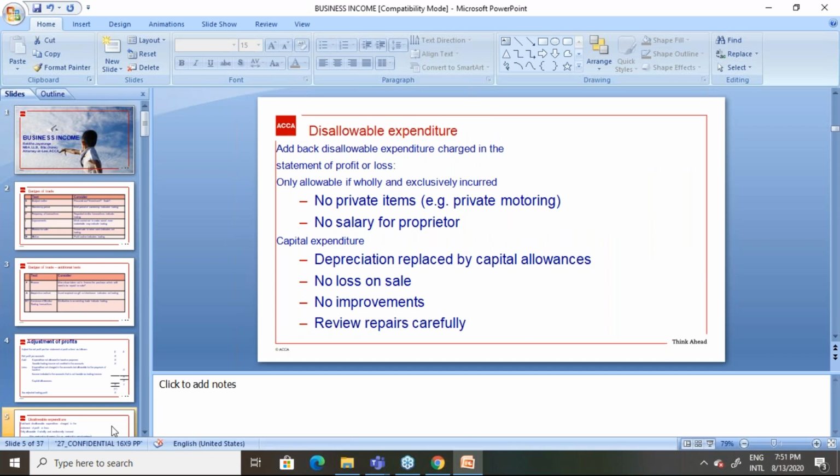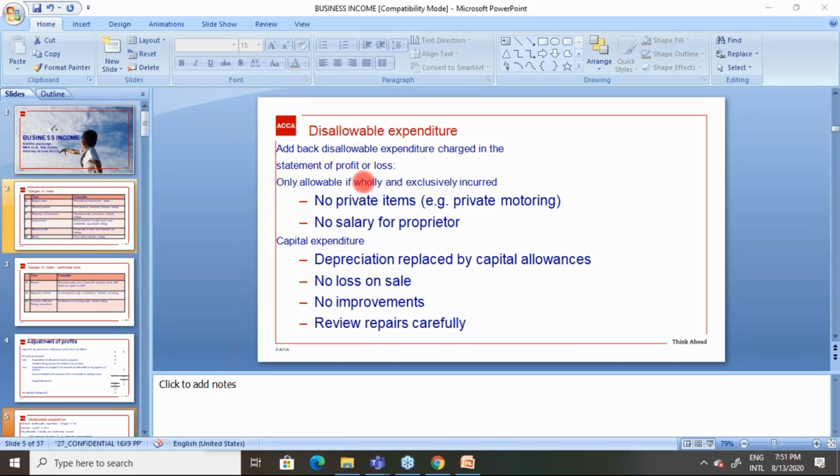So you can see, when it comes to unincorporated businesses such as sole traders and partnerships, we are only permitted to deduct expenditure that we have incurred wholly and exclusively for the purpose of trading.